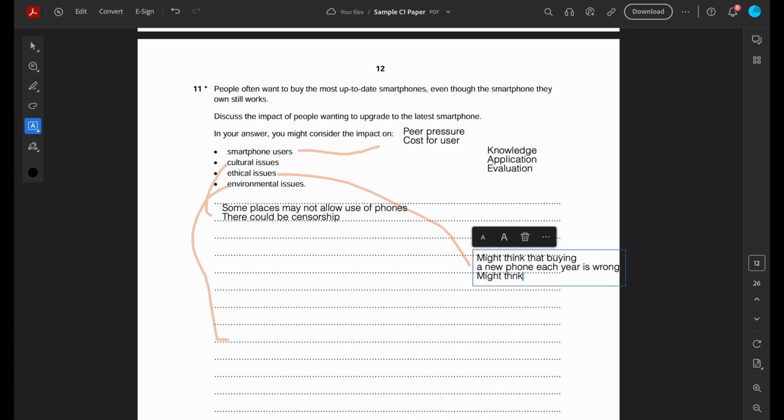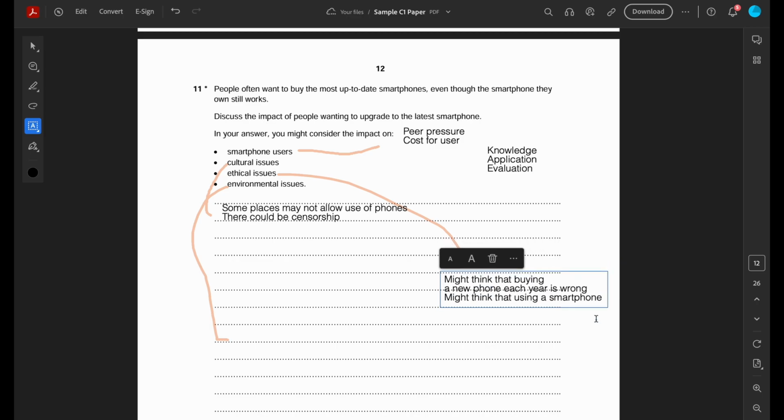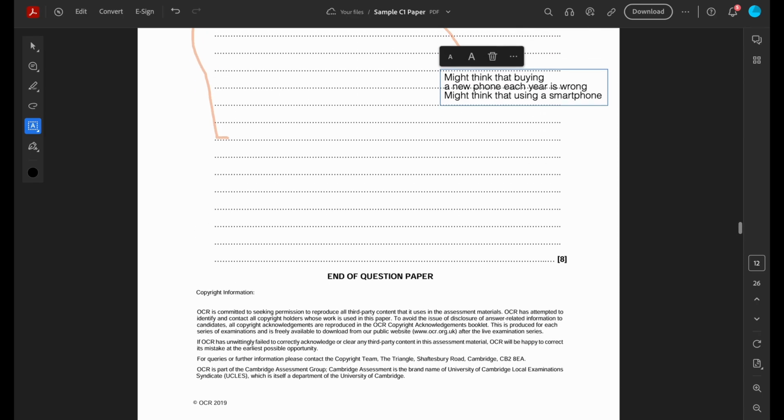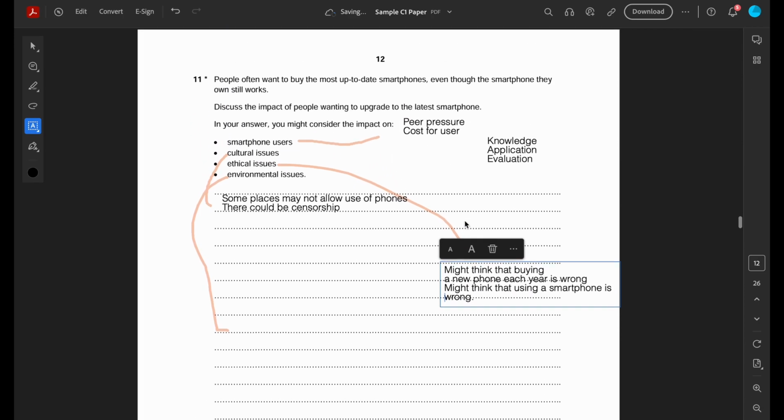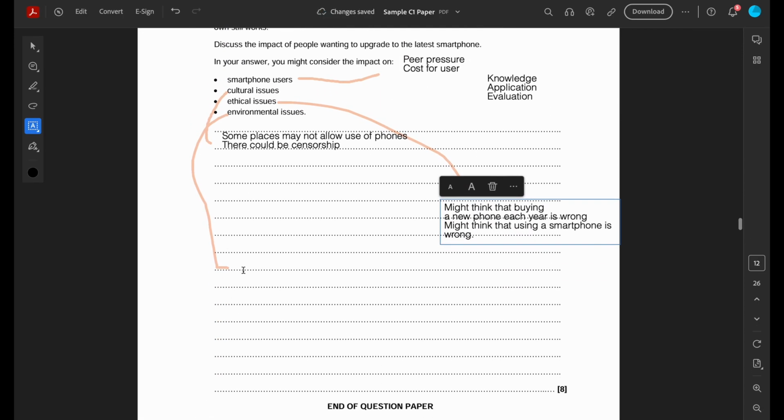Think using a smartphone, and as it runs out of space, a smartphone is wrong. Environmental issues.